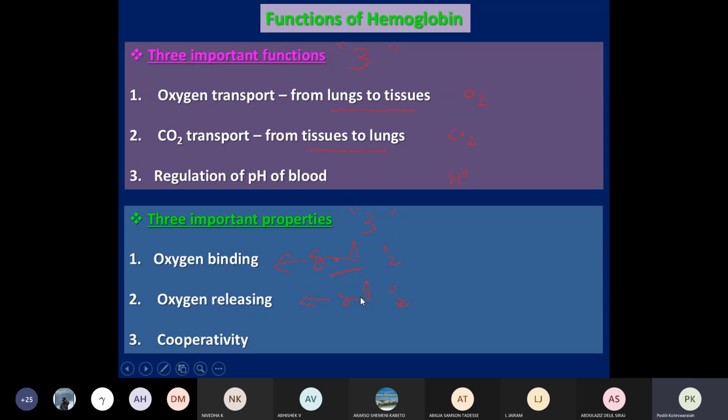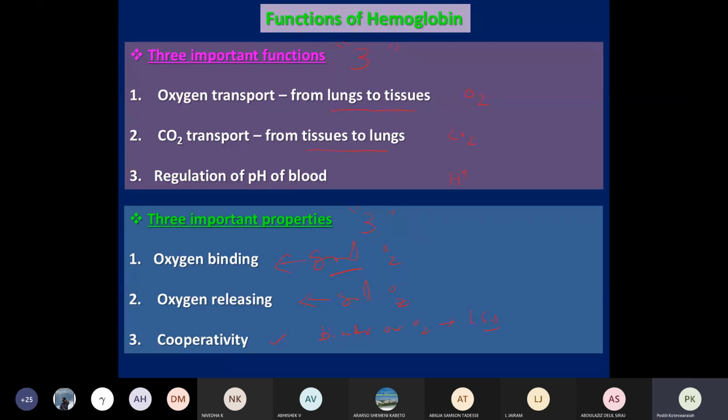And the third important property: since it is a multimeric protein, it exhibits cooperativity. Cooperativity means that binding of one O2 molecule to one subunit brings a conformational change. As a result, the oxygen affinity towards the other subunits increases.